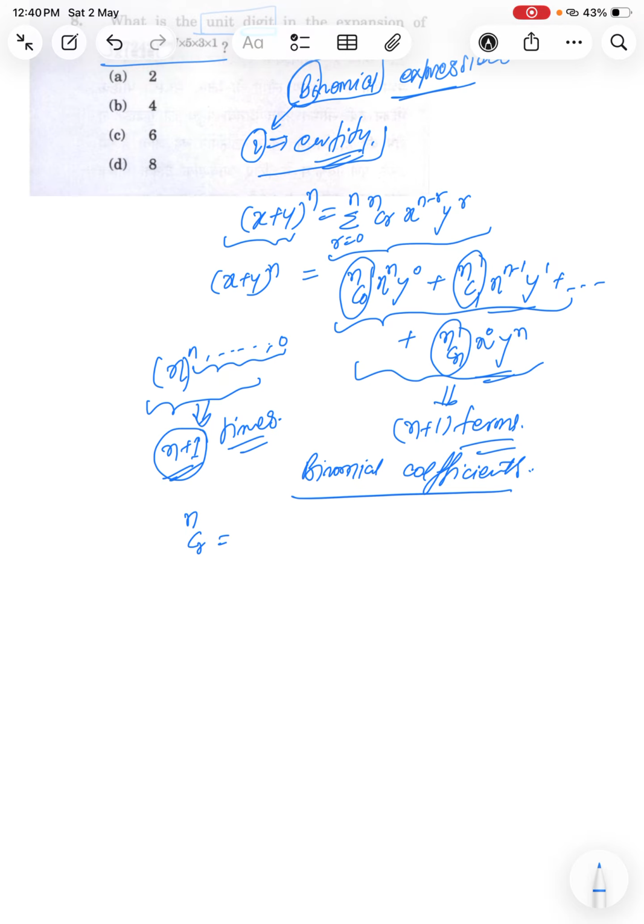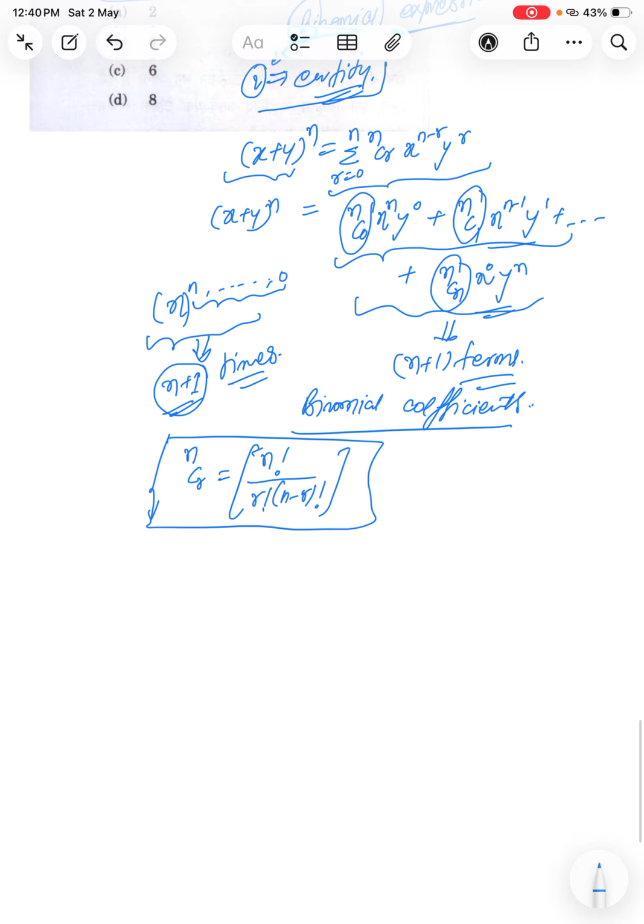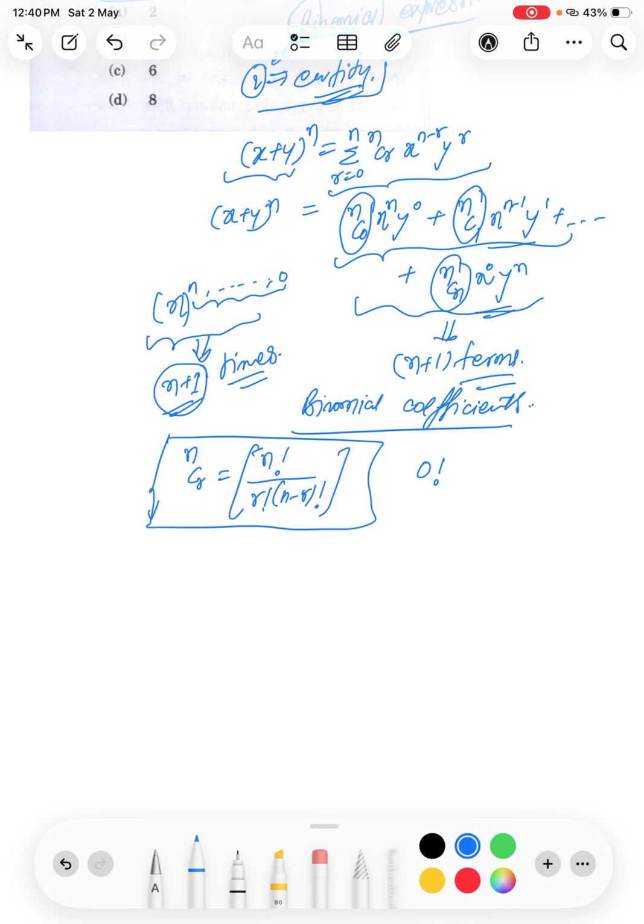The expression for that, what it actually denotes in number form, is factorial n divided by factorial r into factorial n minus r. You might have encountered it.